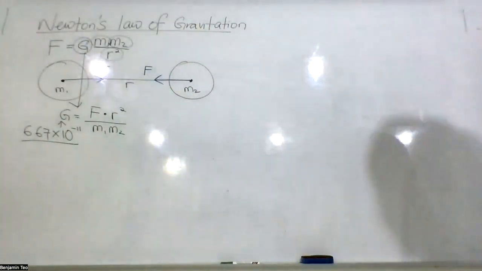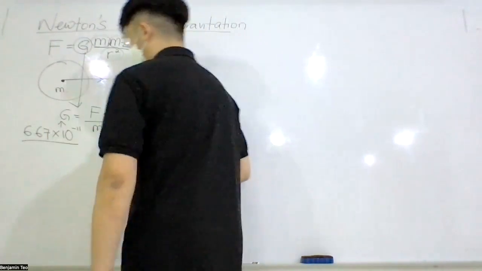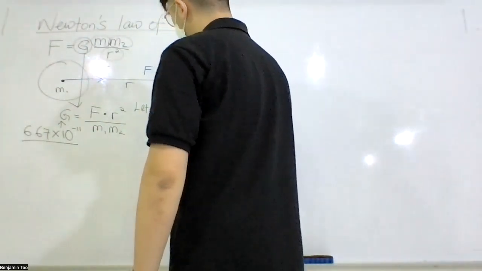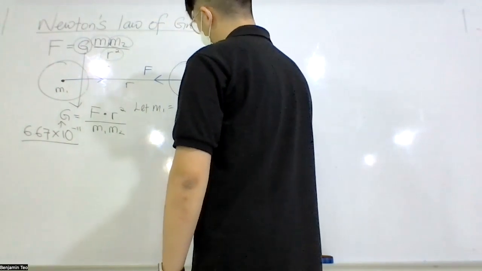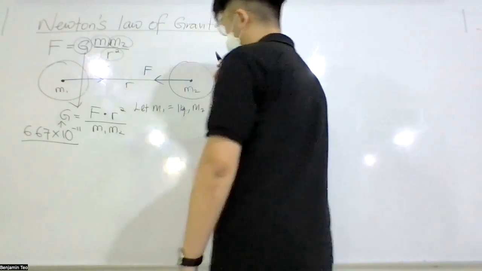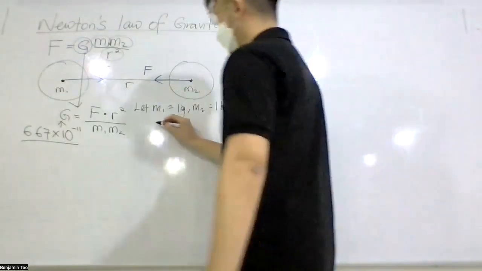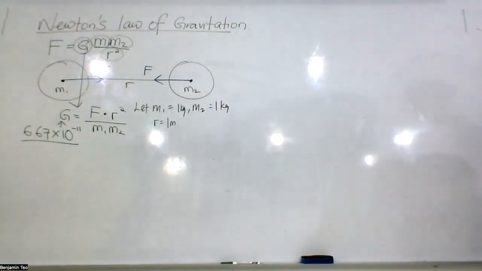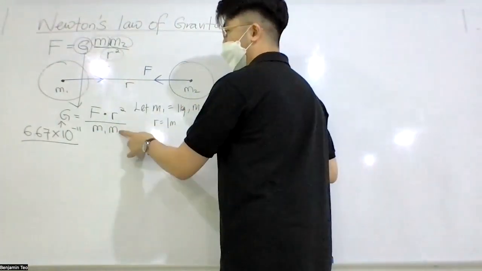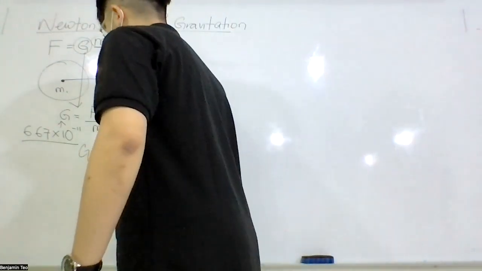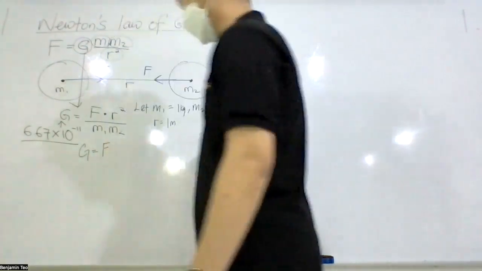This constant value, just to give you an idea of what this value means, is that, let's say we let our M1 become 1 kg, M2 become 1 kg. Okay? And the R also becomes 1 meter, all in standard units, right? If everything becomes 1, 1, 1, 1, then we see the G is equal to F.